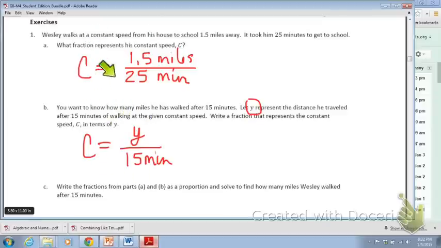They're both equal to the same constant speed because we're assuming that Wesley walks at a constant speed from his house to school.